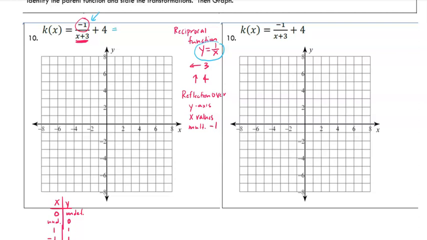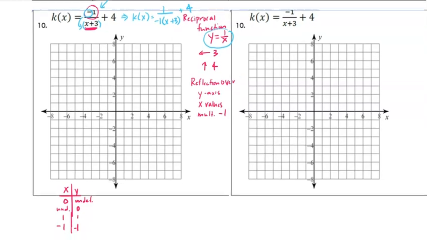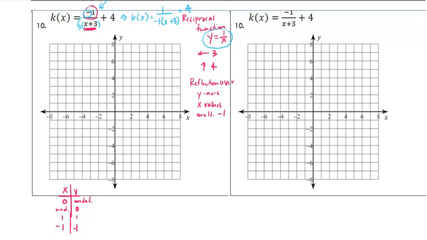So I'm going to go ahead and rewrite this. k of x is going to be 1 over, and I'm going to put that negative down here with the parentheses: negative 1 times the quantity x plus 3, plus 4. If I distribute this, it becomes negative x minus 3, which changes my left and right movement.